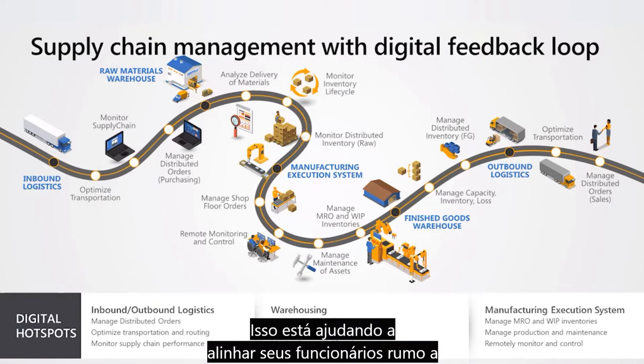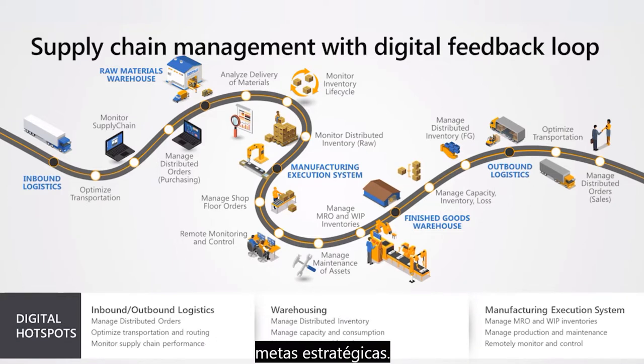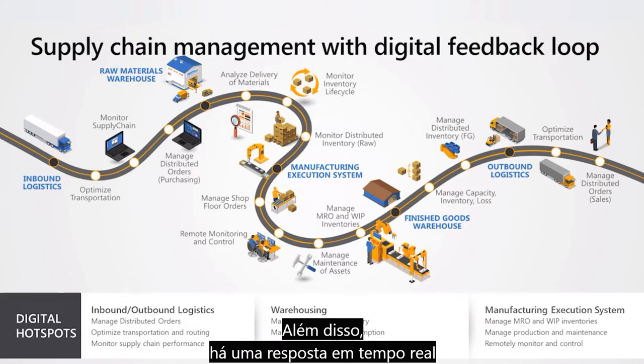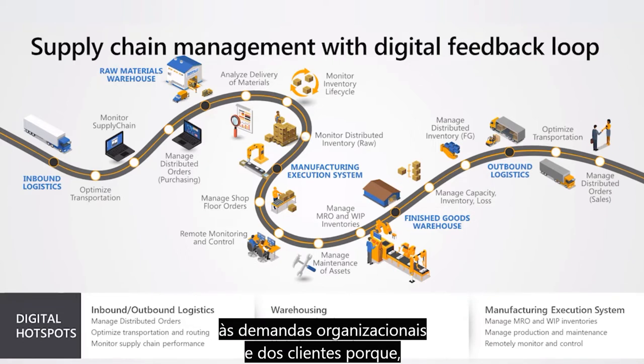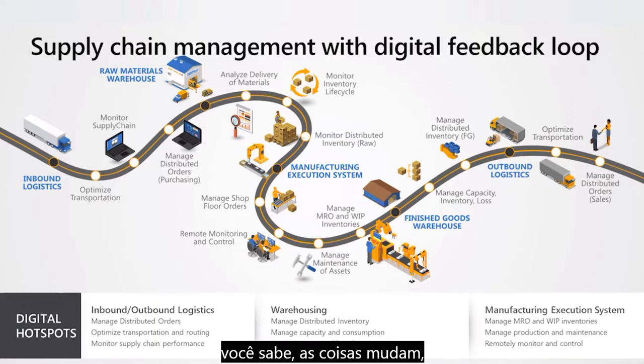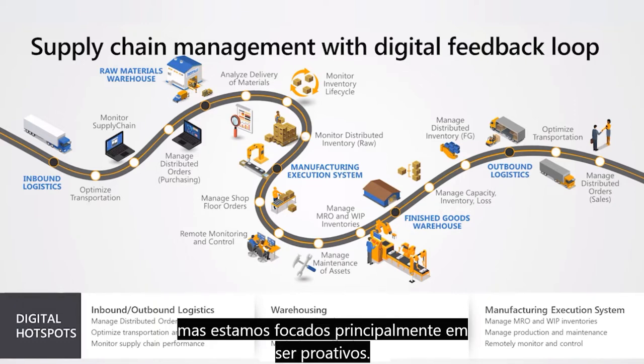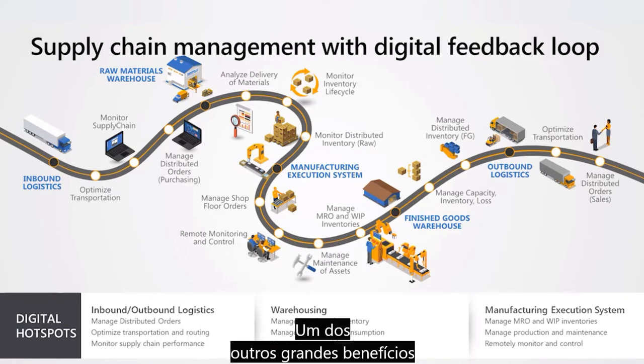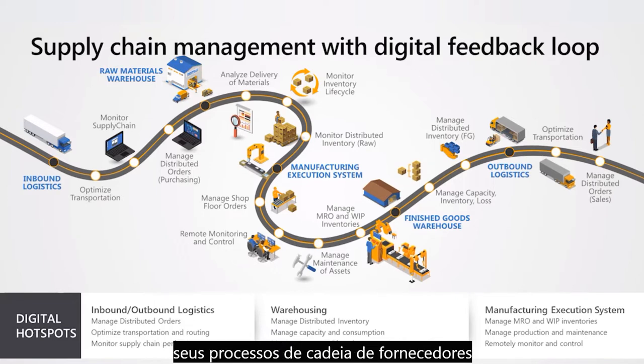It's helping align your employees towards strategic goals. On top of that, there is a real-time response to organizational and customer demands because things do change, but we're focused on being proactive mainly. And then one of the other big benefits is going to be that it helps you automate all of your supply chain processes.